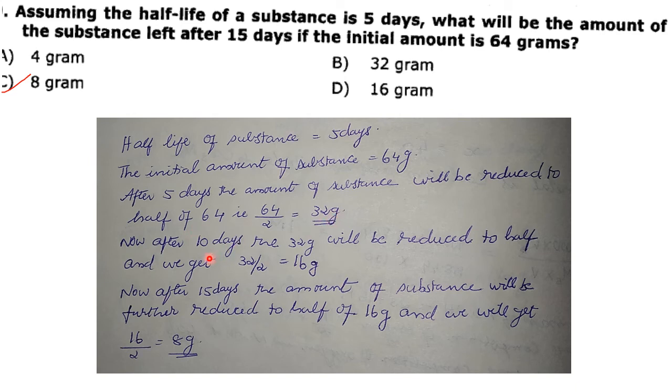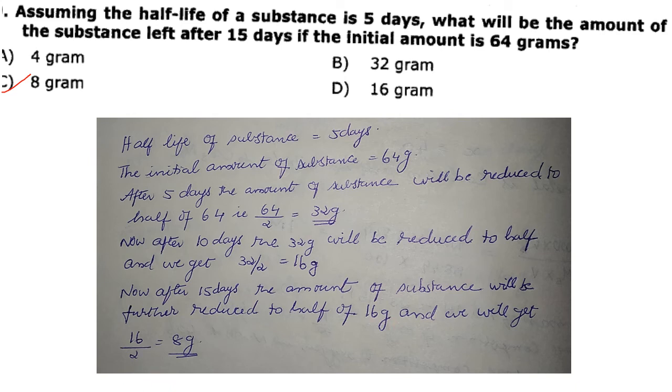Again after 10 days, that is next 5 days, so 5 plus 5, 10 days, 32 grams will be reduced to half. That is, we get 16 grams. Again after next 5 days, that is 15 days in total, the amount of substance will be further reduced to half of 16 grams. That is 8.